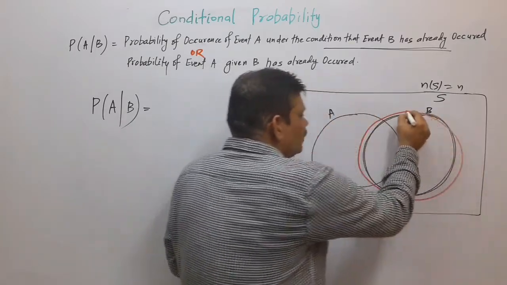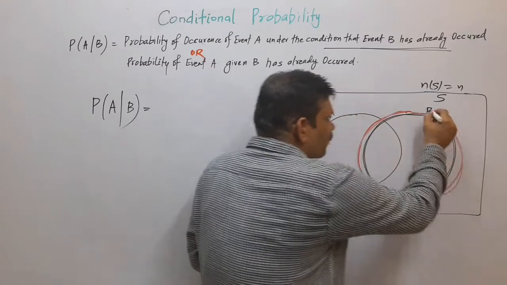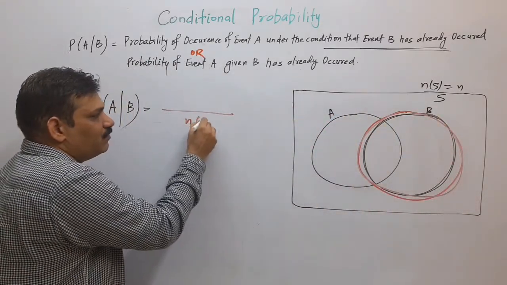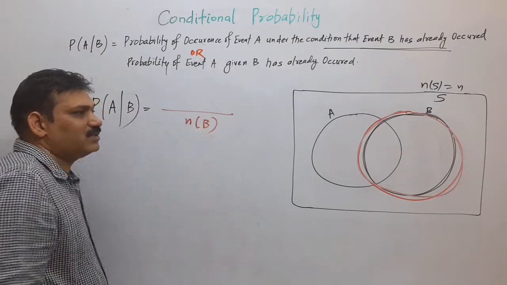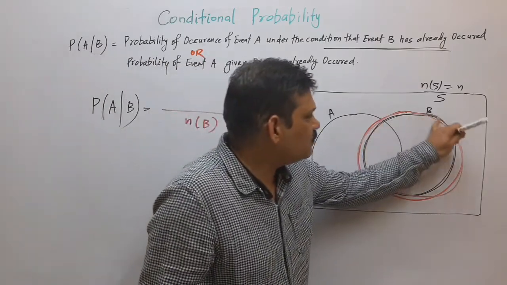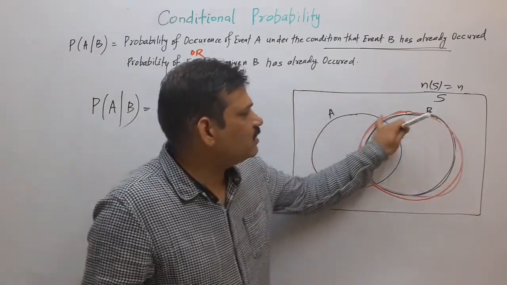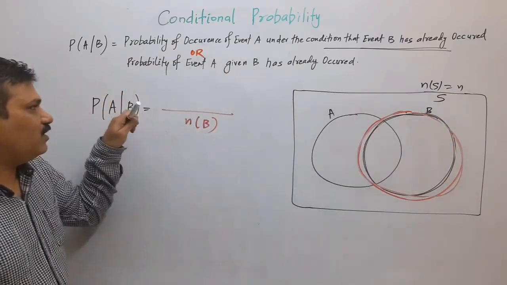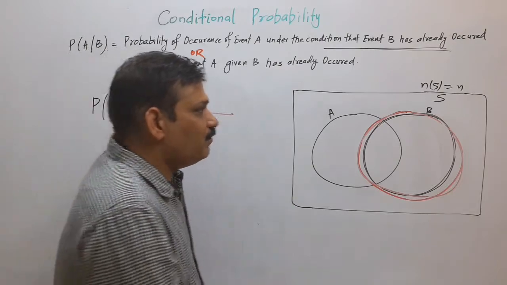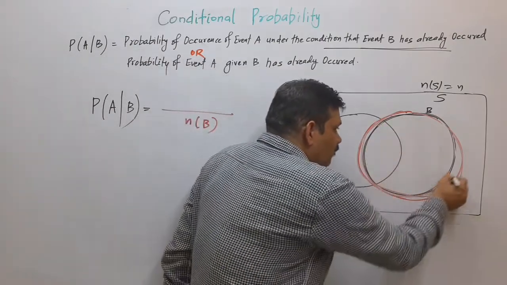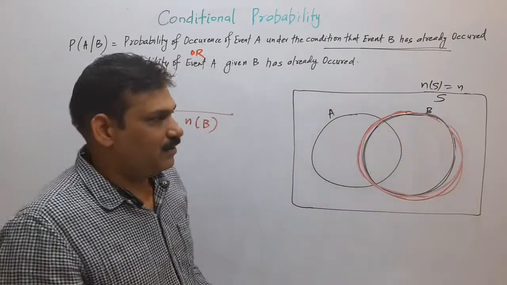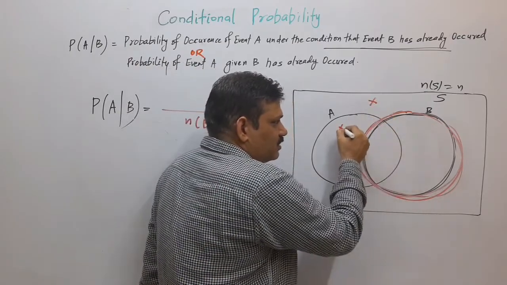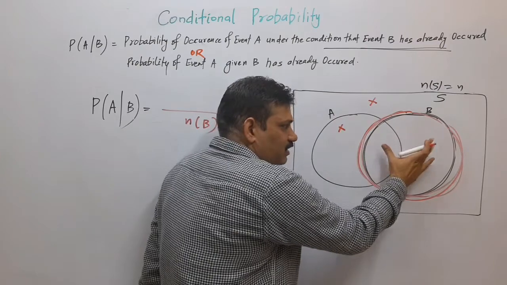Suppose the number of elements in B is n(B). This will be the total number of outcomes, that is the reduced sample space. This event B will be considered as the sample space for the event A given B, because B has already happened. If B has already happened, then for the chances that A will happen, obviously only B has happened, that means this has not happened, this has not happened. We will be considering only this.